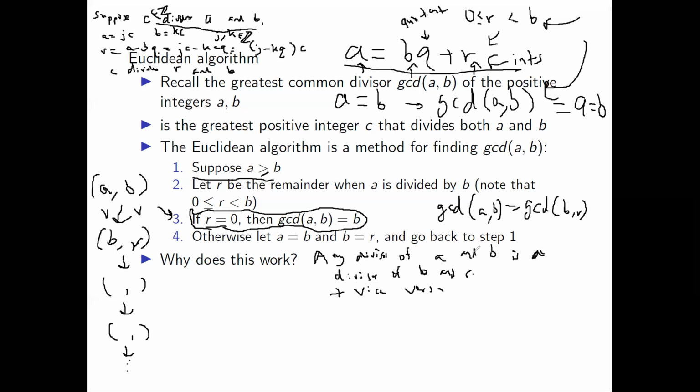So any divisor of A and B is a divisor of B and R, and any divisor of B and R is a divisor of A and B. So in particular, the greatest common divisor of A and B is a divisor of B and R. And the greatest common divisor of B and R is a divisor of A and B. So they have to be the exact same greatest common divisor. And each of the steps, we get the exact same greatest common divisor.